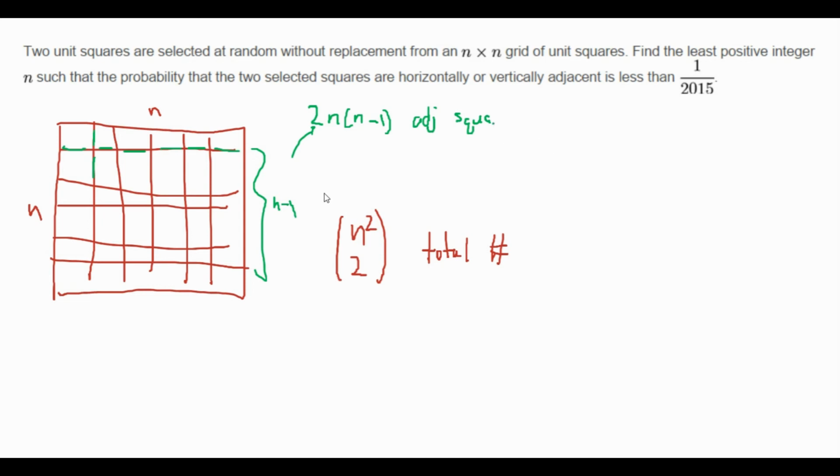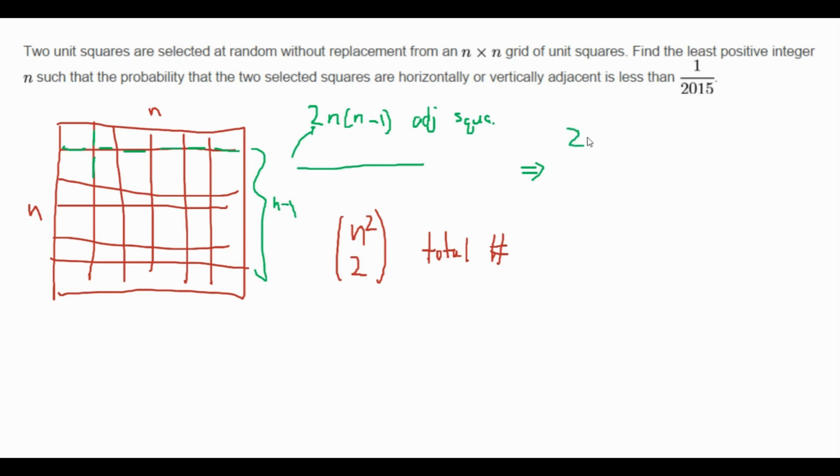And now we're done with our probability, since we now have the number of ways to choose adjacent squares and the number of ways to choose two squares in general. We just divide one by the other and get the probability that the two selected squares are horizontally or vertically adjacent.